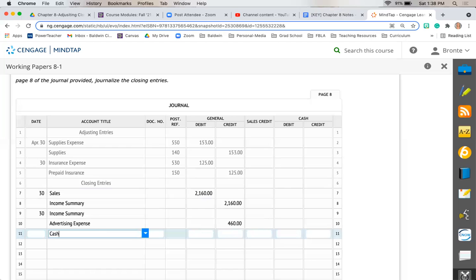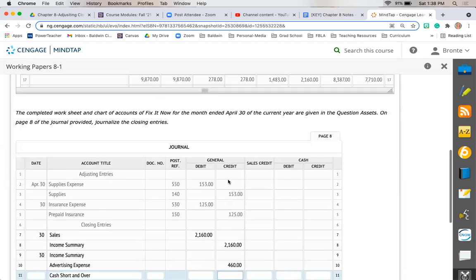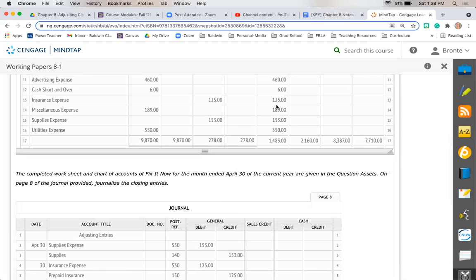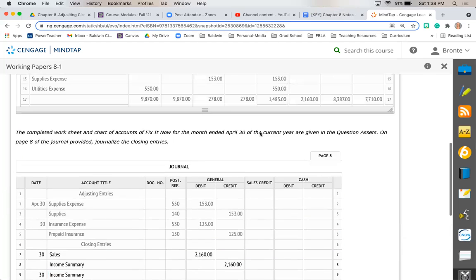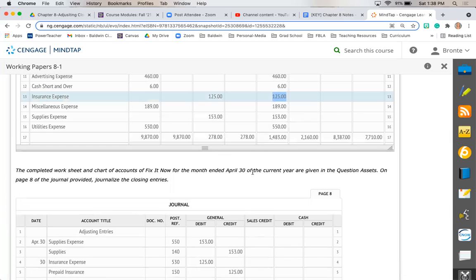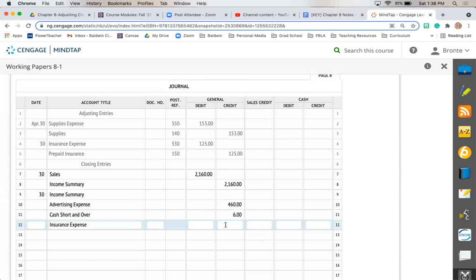Next was our cash short and over, and it is going to get a credit of $6. Next is insurance expense, and it is getting a credit of 125.